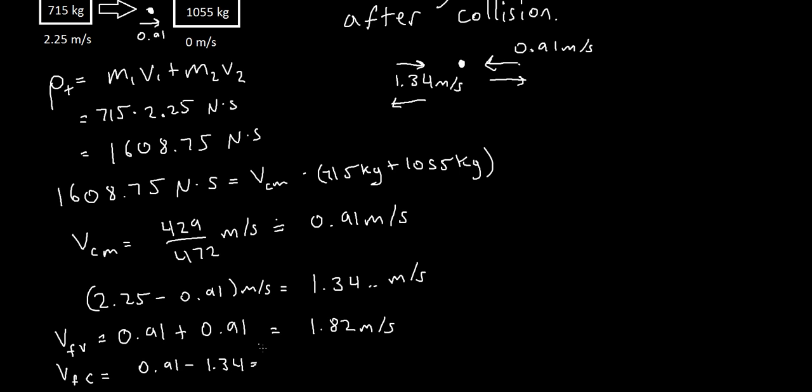You can already tell it's going to be negative, because it'll be moving to the left. So that's negative 0.43 meters per second. You can check your work by multiplying these velocities by the original masses, to see if you get the same amount of momentum in the system.